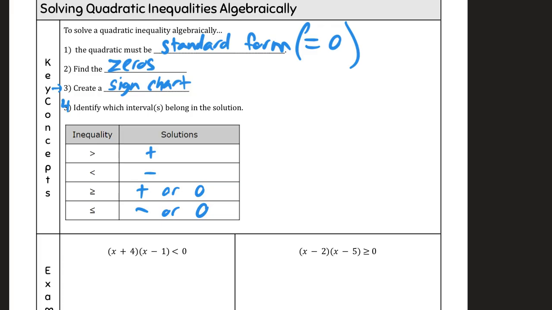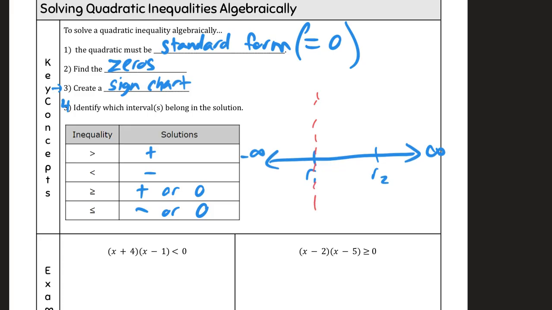And so a sign chart is essentially going to be a number line. We're going to find our two zeros or find our two roots. It's a generic root 1, root 2. And then that's basically breaking up your number line that goes from -infinity to +infinity. And then you're going to check each interval.